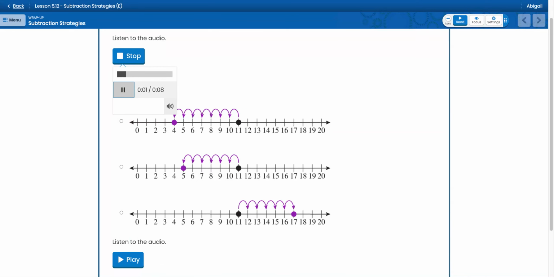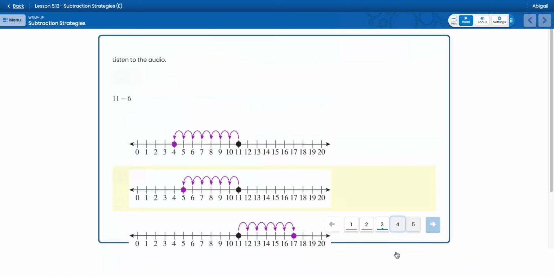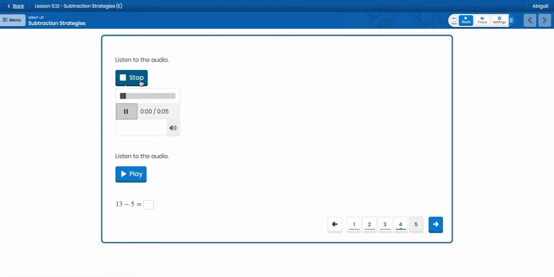Model 11 minus 6. Choose the number line that shows how to count back to subtract. Make a 10 to subtract 13 minus 5.